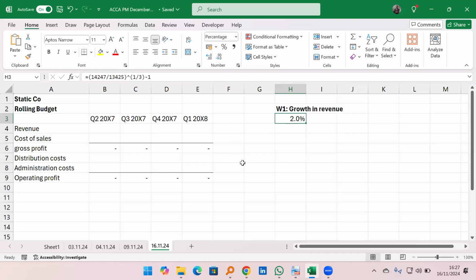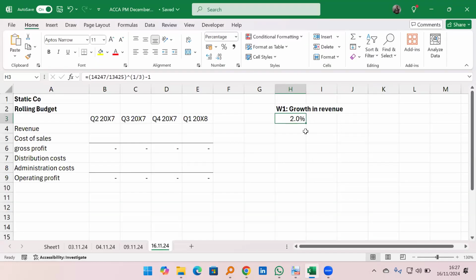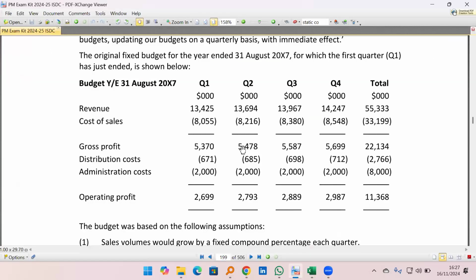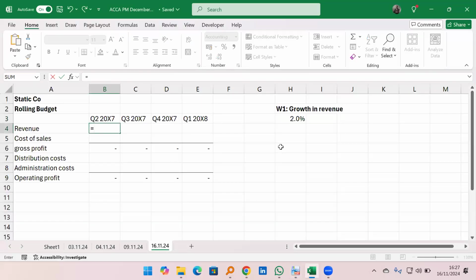So for you to move from quarter 1 to quarter 4, there has been a compound growth of 2% per quarter, which means that I can get the revenue of quarter 2 using the actuals of quarter 1, which is 14,096, and I grow it by 2%. Let me just make this one fixed.